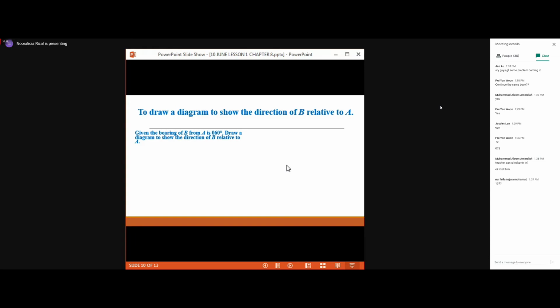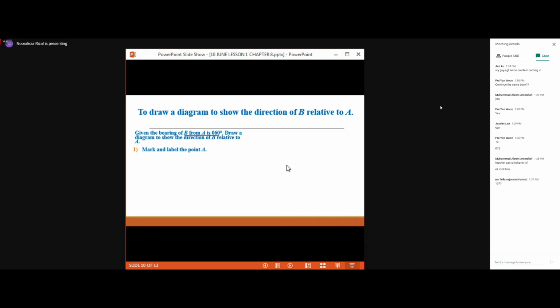Okay. But when you do your problem solving question, you do not need to really draw out the angle. Okay. You will not need to be in scale. Okay, so I repeat, we are just going to show you how to draw. Okay, so this one actually you learn in form 1, form 2, how to draw your circle. All right, it's basically the same. All right, so 060 from A. So you start off with A because you are from A.